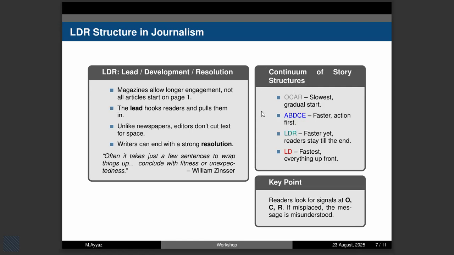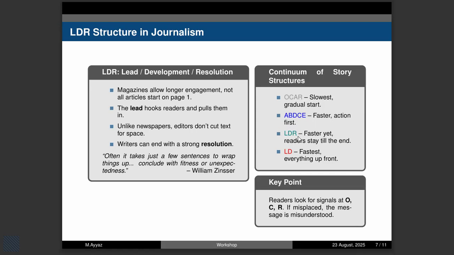Here is a brief summary of our continuum of story structures. OCAR is for the people who have the most patience, and it is a very slow development of the story. The faster one than OCAR is the ABDCE structure, and it is for a patient audience.